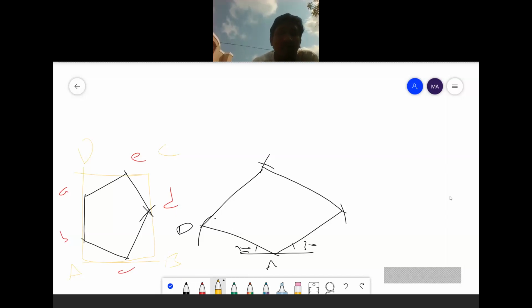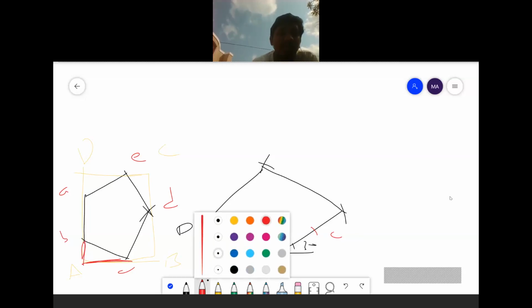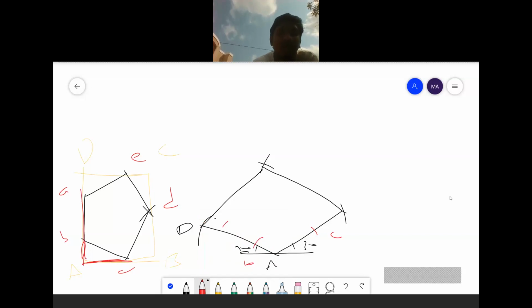I'm measuring from A to C and cutting the arc here. I will get the C point. I'm measuring from A to B and cutting the arc here. I will get the B point.